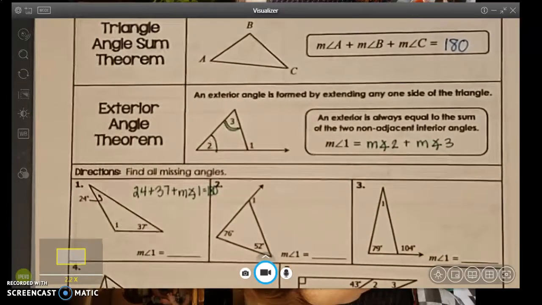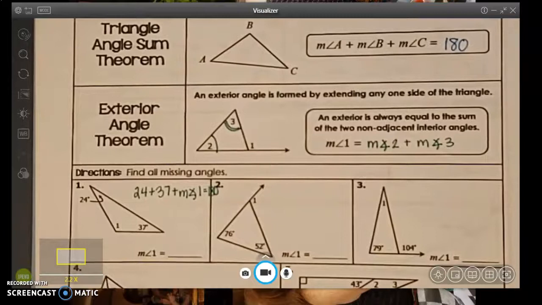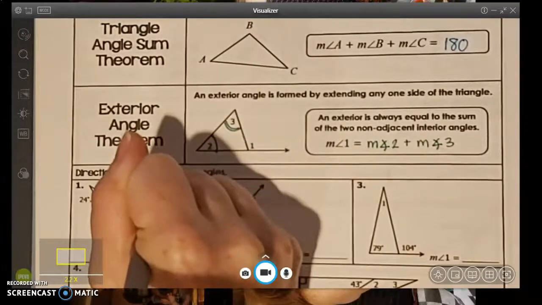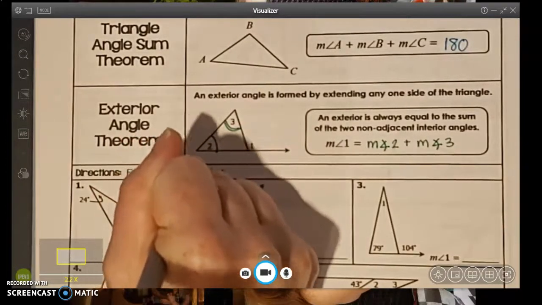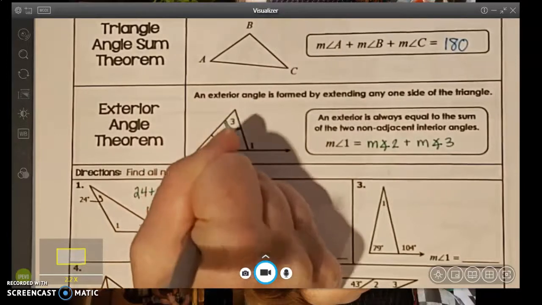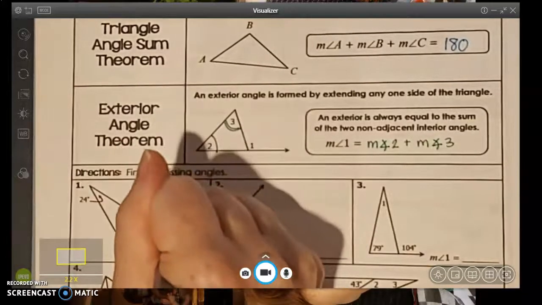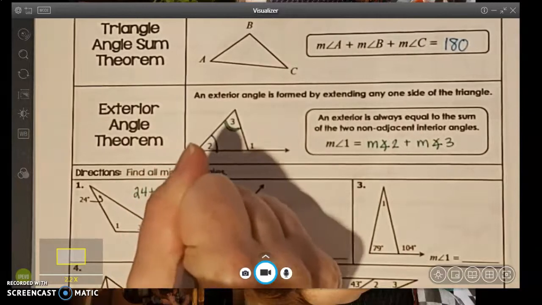Now if we take 24 plus 37, we should get 61. And then we'll subtract 61 from both sides, and 180 minus 61 should give you 119.